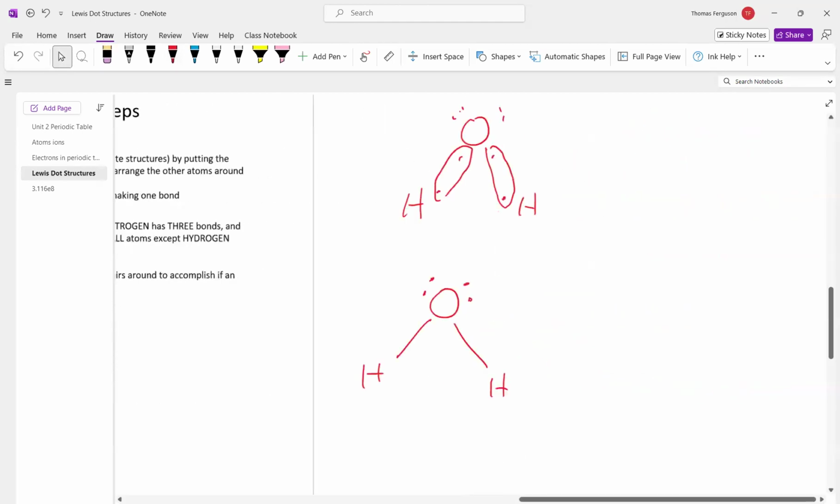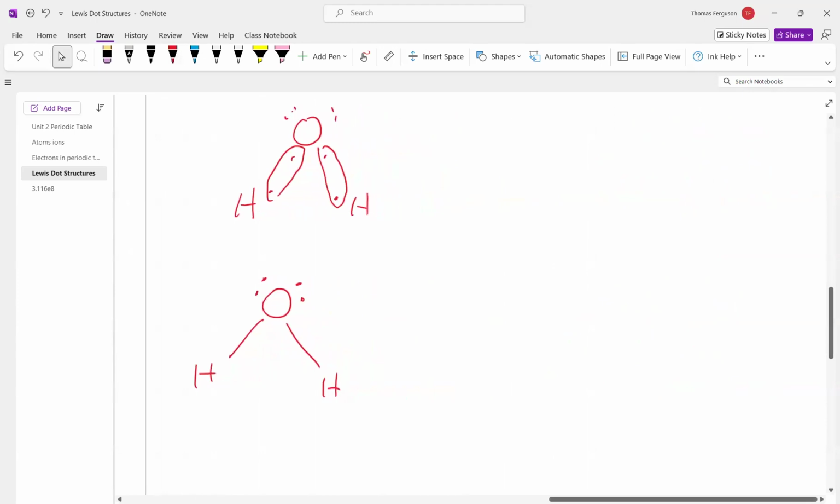Okay, so let's do some more practice here. Carbon dioxide, another stable gas molecule. Why is it stable? Well, let's take it apart. Which has more singletons, carbon or oxygen?